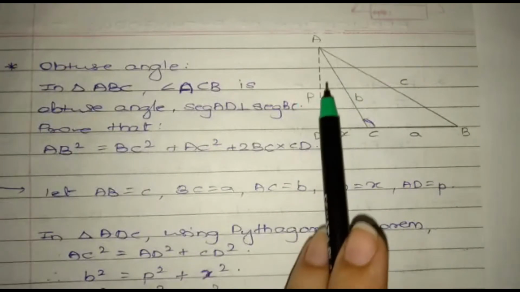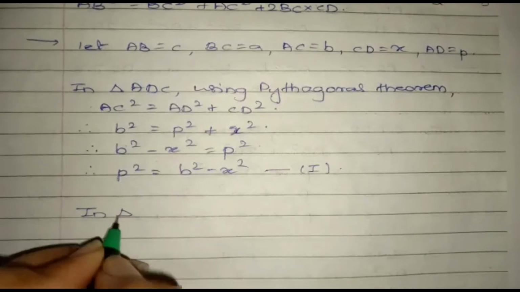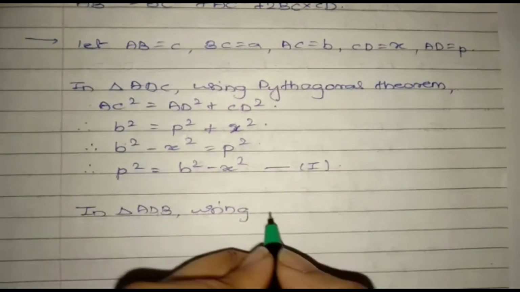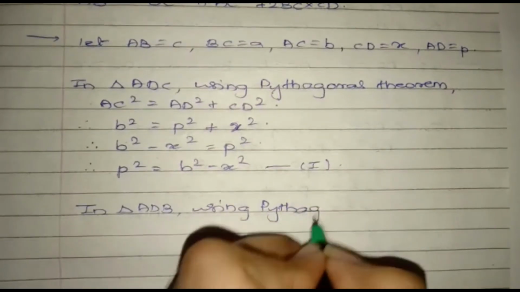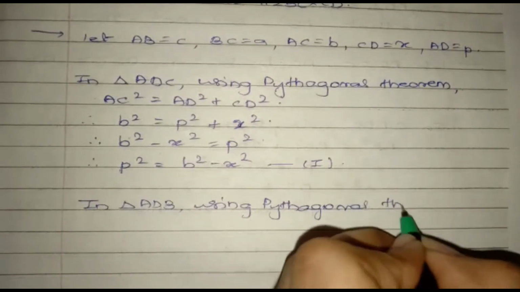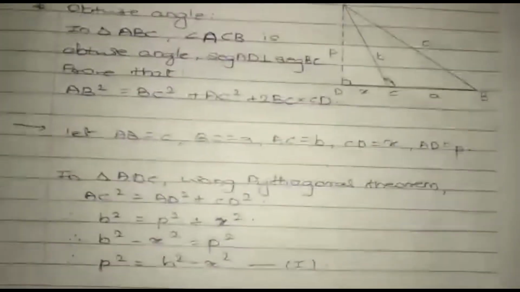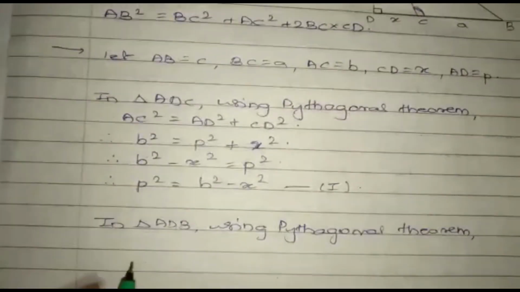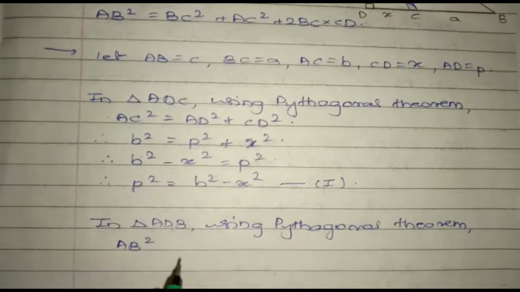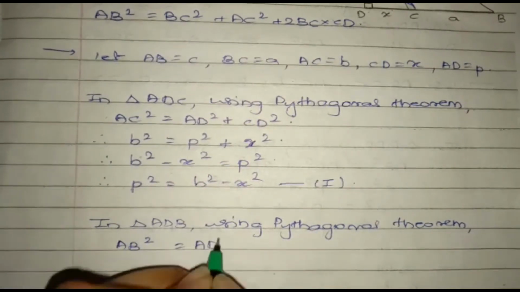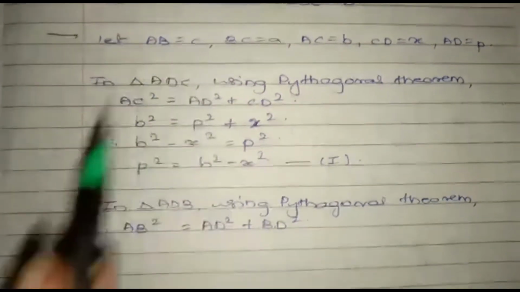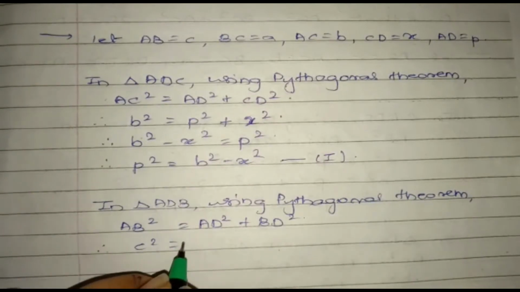Now we are going to consider the bigger right angle triangle, that is triangle ADB. In triangle ADB, using Pythagoras theorem, what we will get? AB square is equal to AD square plus BD square. Now what is AB? AB is C. So C square is equal to, what is AD?